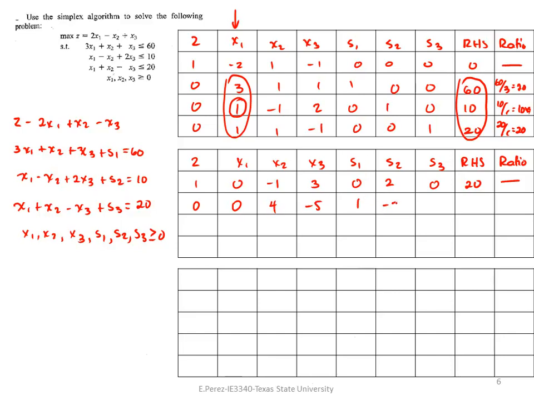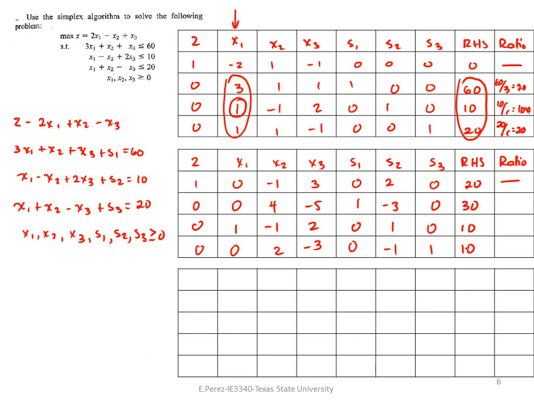Then 0, 0, 4, minus 1, 1, minus 3, 0, 30. Then 0, 1, minus 1, 2, 0, 1, 0, 10. Then 0, 0, 2, minus 3, 0, minus 1, 1, 10. Okay, so that will be the tableau after you perform the row operations.